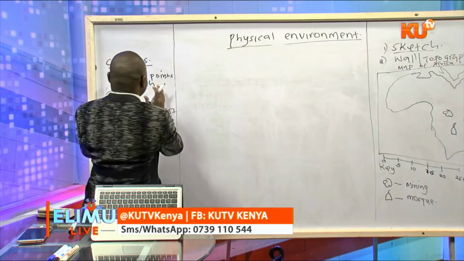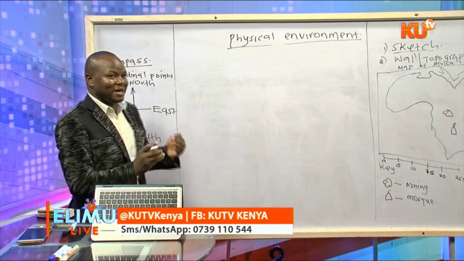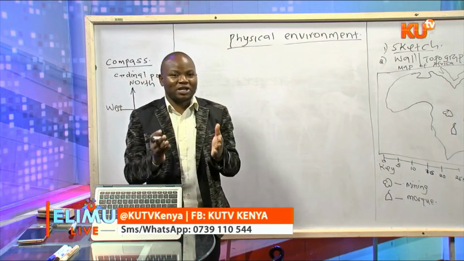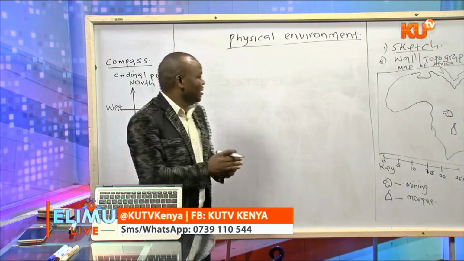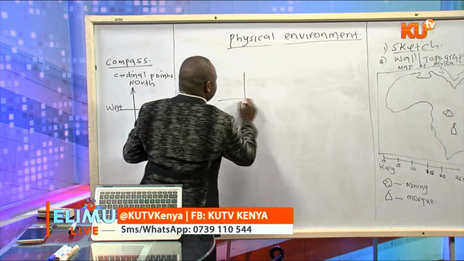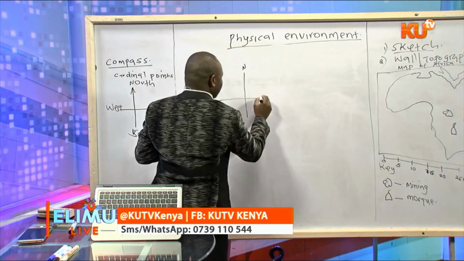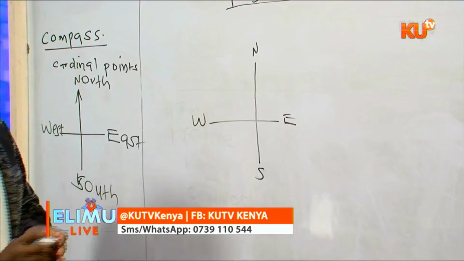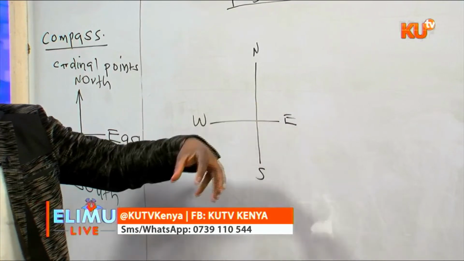So these points will always make us identify in which direction we are trying to point, or where we are going. So this, the northern part, let me draw it here. So this point will make us to know.